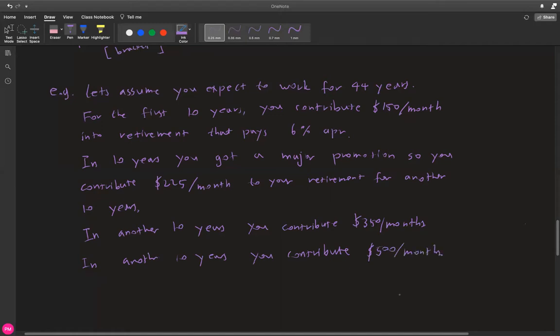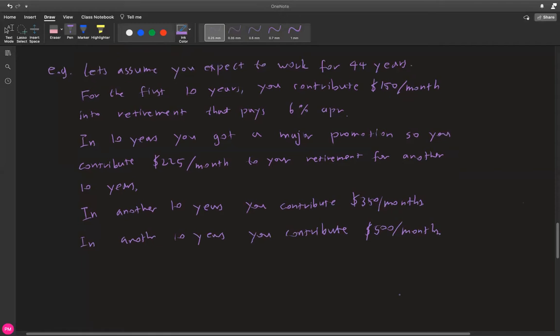I know this problem is a little long, but the actual problem that I'm looking at right now is a lot longer. So this is actually a summarized version. So here's a scenario. You start working when you're 20 years old, and as a first-time worker, you would not receive a ton of money. So $150 a month out of your paycheck to the retirement savings account is a very reasonable amount.